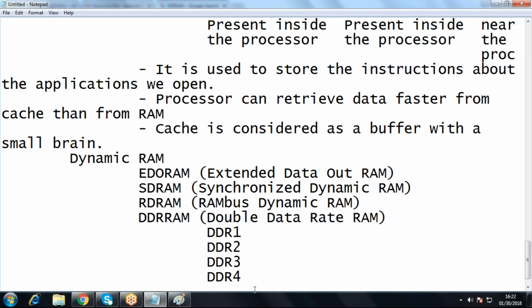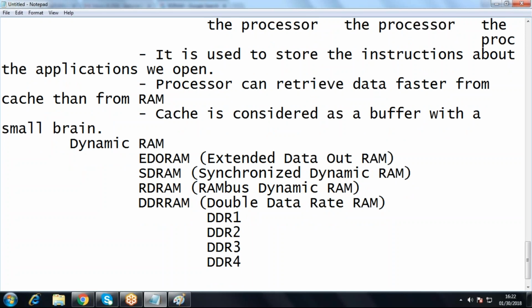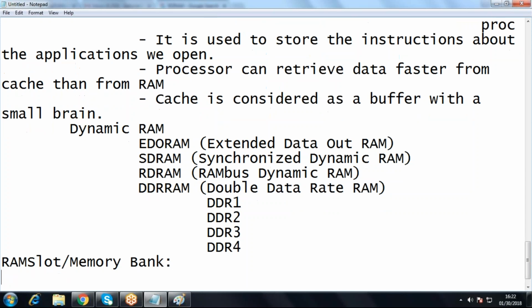Now to use this RAM, we need a slot that we call a RAM slot or memory bank, used to insert RAM.